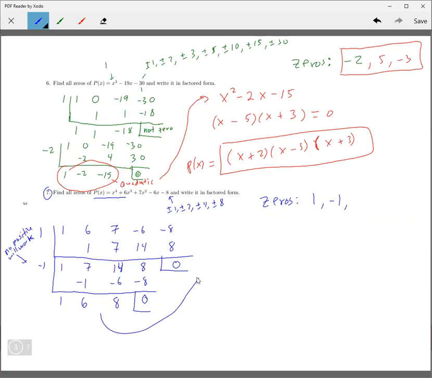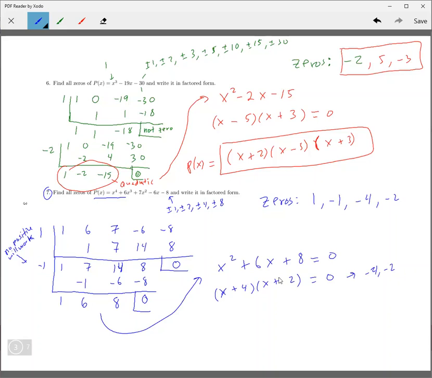And then what you want to do is rewrite this as a quadratic, and then try to factor it. And it looks like 4 and 2, which means that -4 and -2 are zeros.